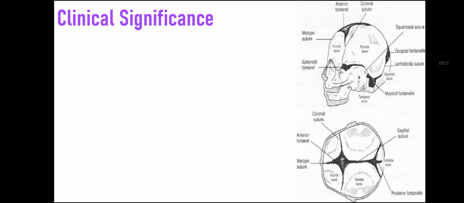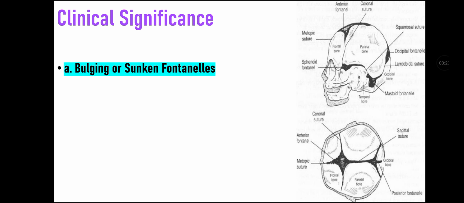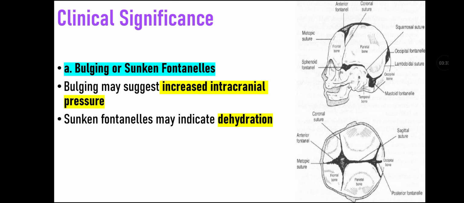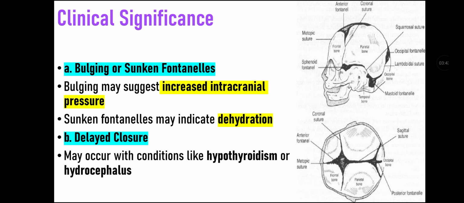Next, let's talk about the clinical significance of the neonatal skull. First, bulging or sunken fontanelles may be there. The bulging may suggest increased intracranial pressure, and sunken fontanelles may indicate dehydration, and that's the reason it is important to check the fontanelle area. Next is delayed closure. It may occur with conditions like hypothyroidism or hydrocephalus.